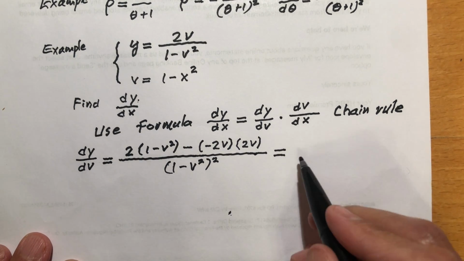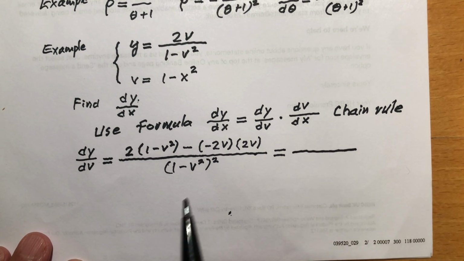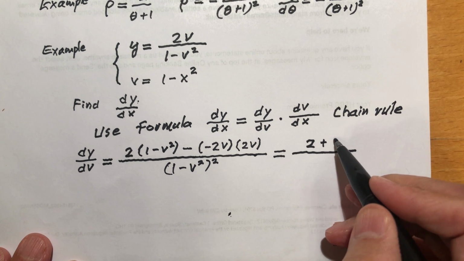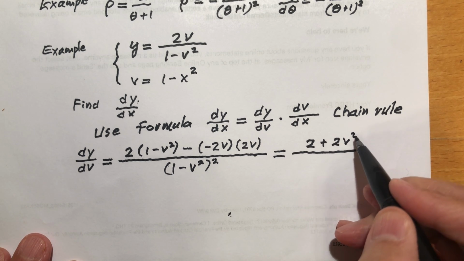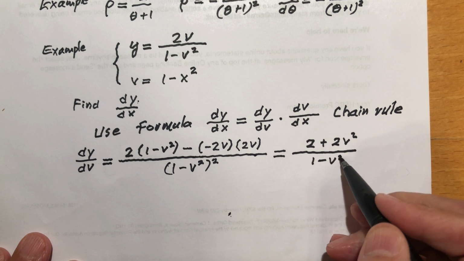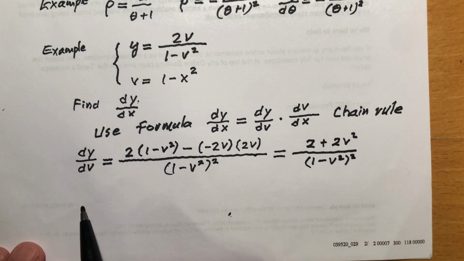So what do we have now? If you simplify your numerator, the result is 2 plus 2v squared, and the denominator is 1 minus v squared, and the whole thing squared. So this is dy by dv.